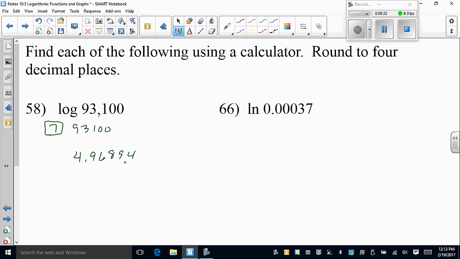And then your natural log is right by the actual log button. It's by the 4 button. ln, and then type in your numbers 0.00037.